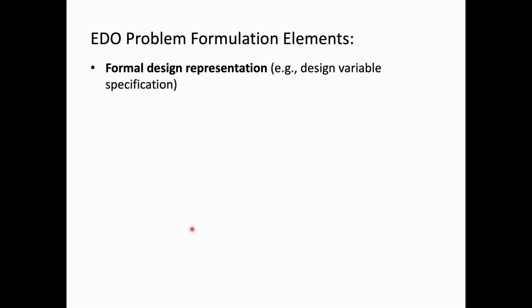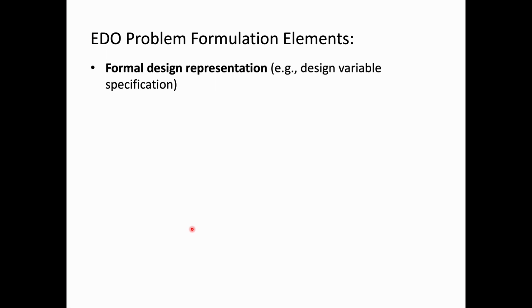I keep talking about engineering design optimization formulations. Well, what are the elements of the formulation? We've looked at the standard form for a nonlinear program, but what are the main decisions that we need to make about a design optimization problem formulation?